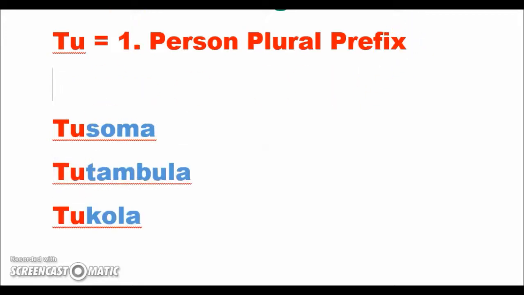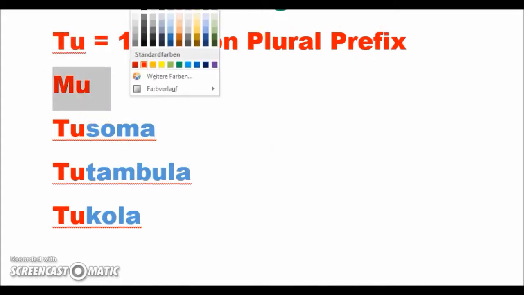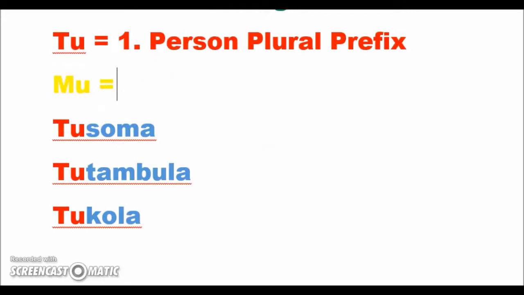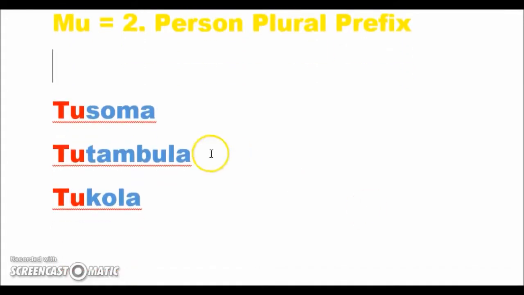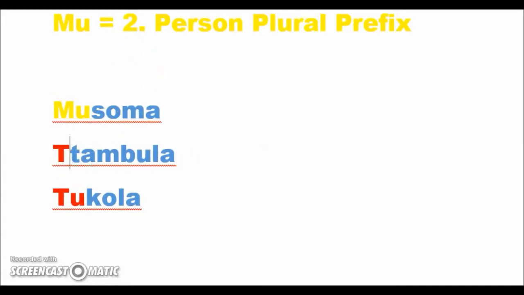For you, plural, it will be mu. So tusoma will be musoma. You guys read. Tutambula, we walk, will be mutambula. You guys walk.